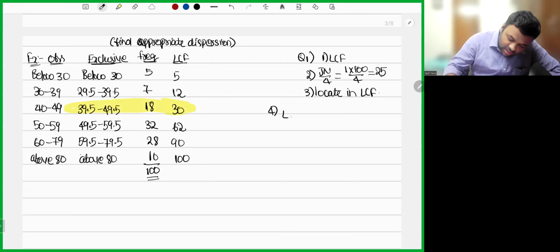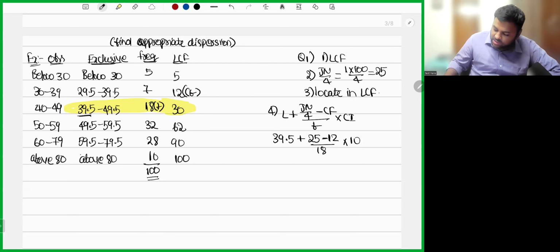Then apply the formula: L plus Jn by 4 minus cumulative frequency of previous class, divided by frequency of same class, into class interval. L is 39.5. Jn by 4 is 25. Cumulative frequency of previous class is 12. Frequency of same class is 18, class interval 10.